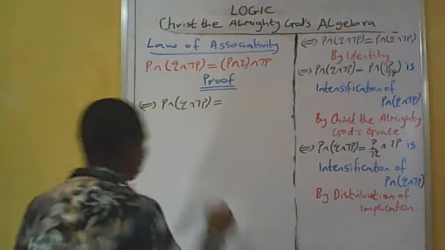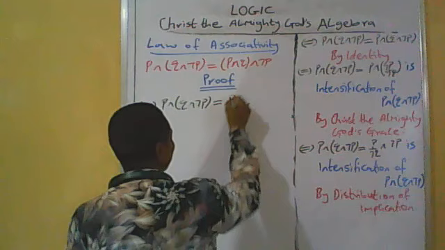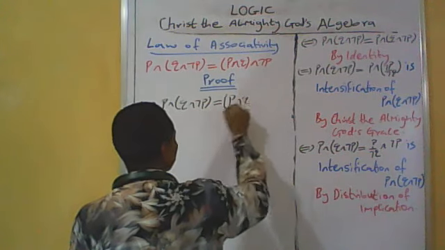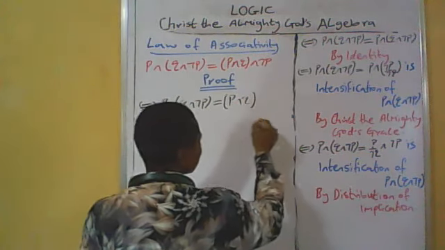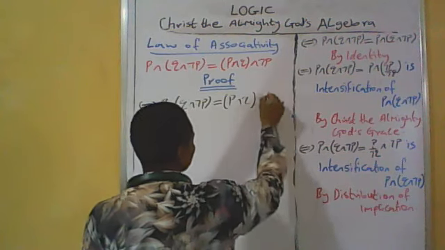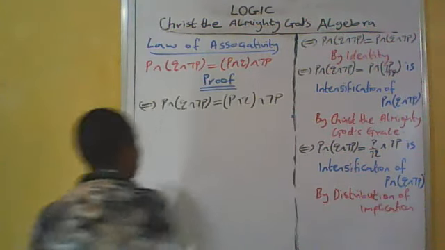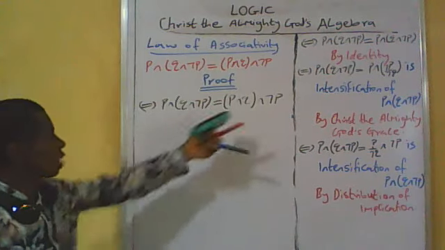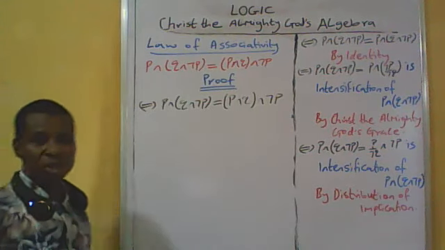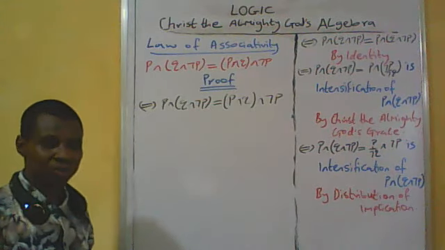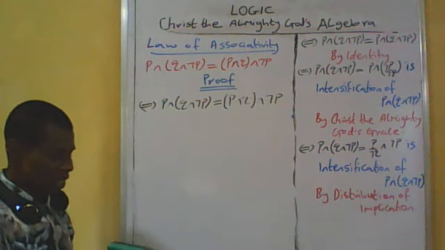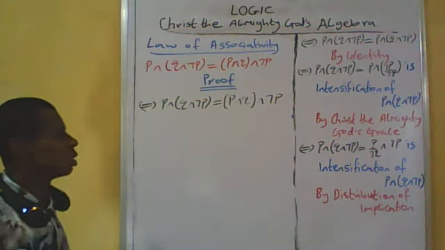That means you are going to have P and Q and not P. Now, it's now equivalent to later sort of equation. So it's being justified by Christ Almighty God's grace.